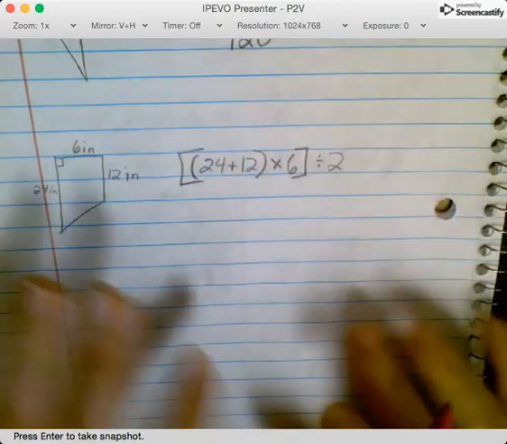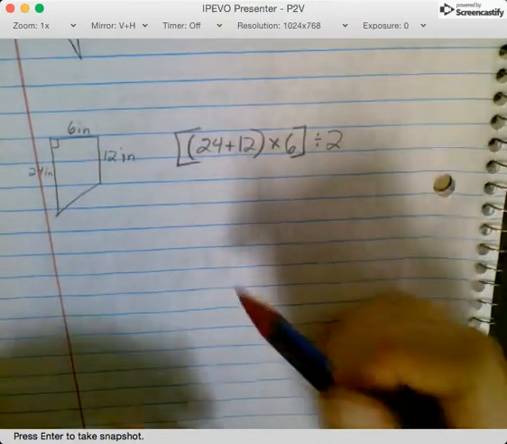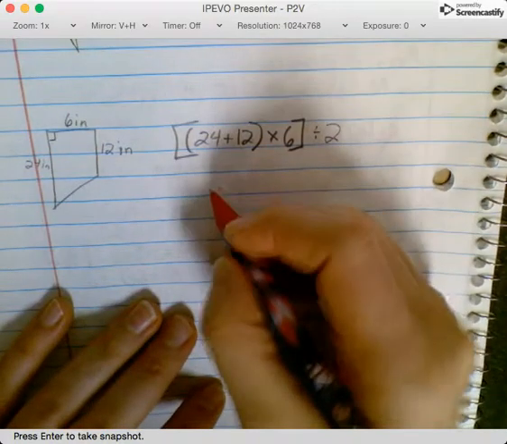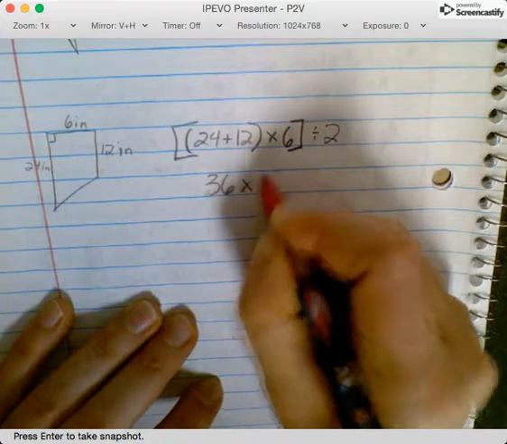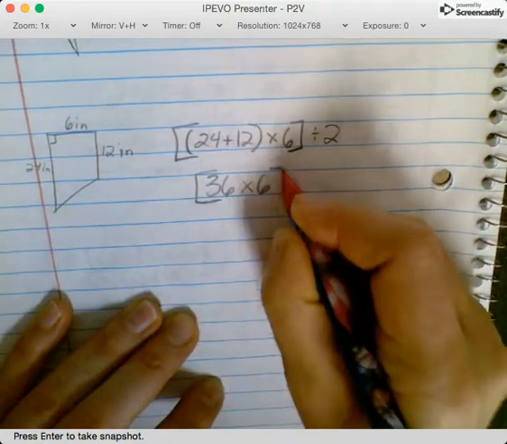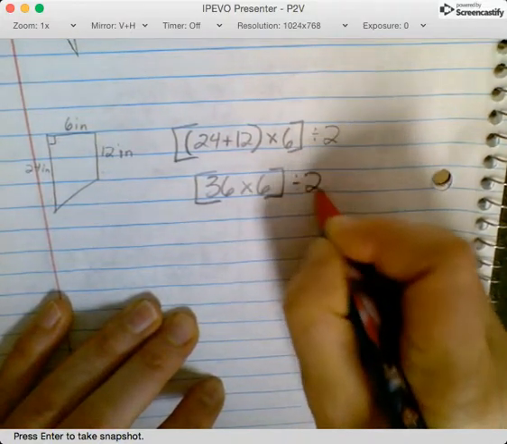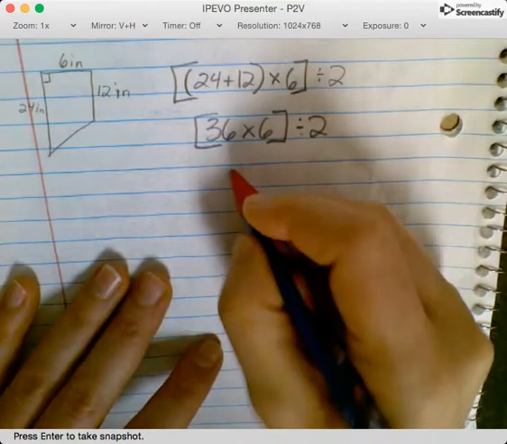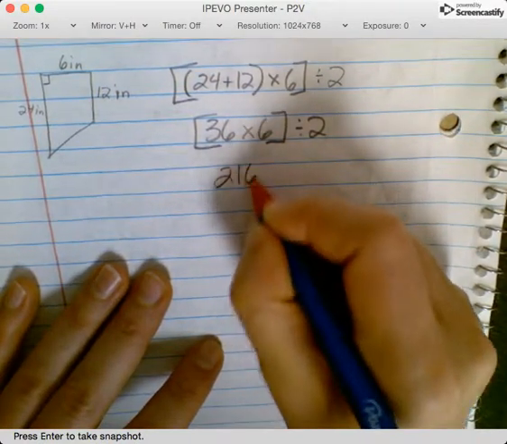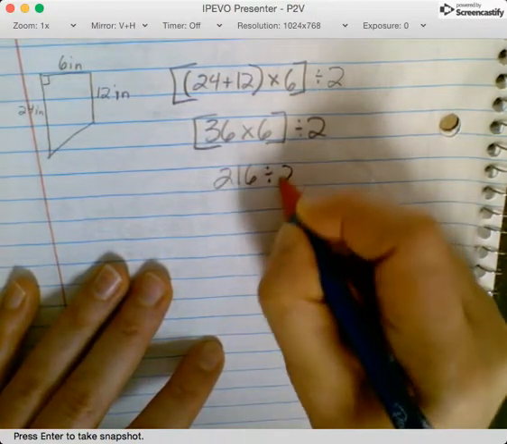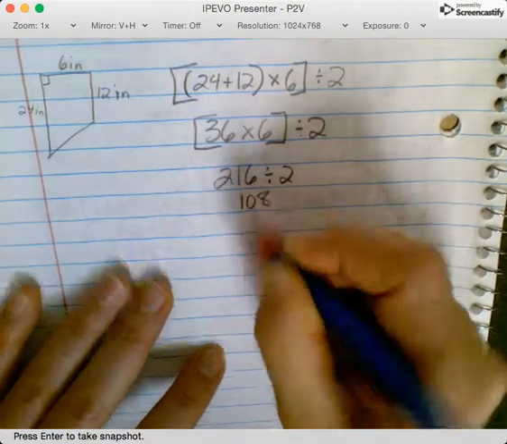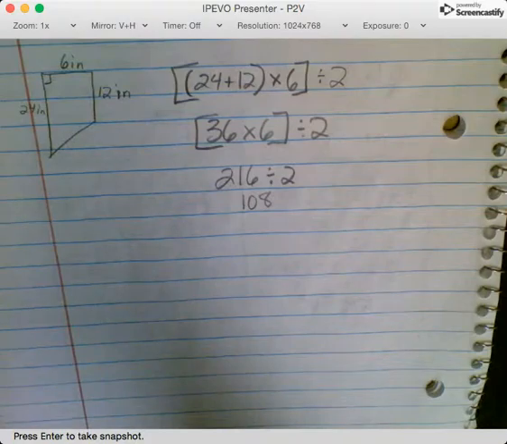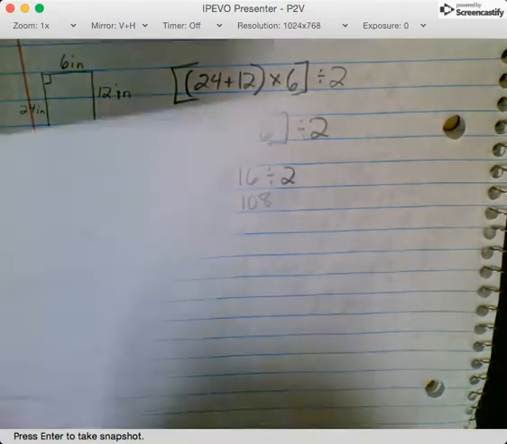I could use the 1/2 times it also. 24 plus 12 is 36. So I have 36 times 6 divided by 2. And 36 times 6 is 216. And then 216 divided by 2 is 108. Okay, so that's about 4 examples.